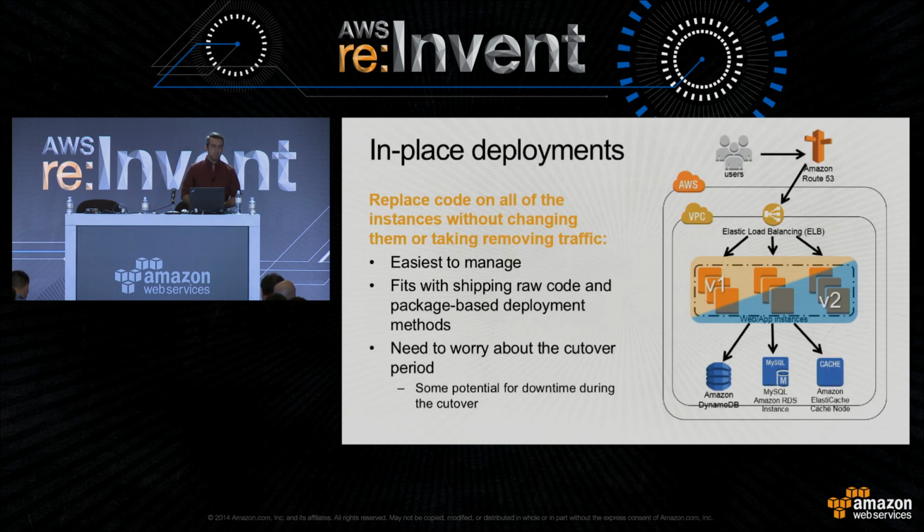So the first one, in-place deployments, again, really, really straightforward. We're going to just be replacing whatever application code exists on our existing infrastructure right there. So whether this is deploying an RPM or doing raw code shipping, these are the methods that you could use here. We're running a command, we're using a tool, it's reaching out, and it's replacing the code. This is similar to what CodeDeploy would do, what OpsWorks would do, what Elastic Beanstalk would do, in terms of just throwing the code out there on the server and replacing what's currently there.